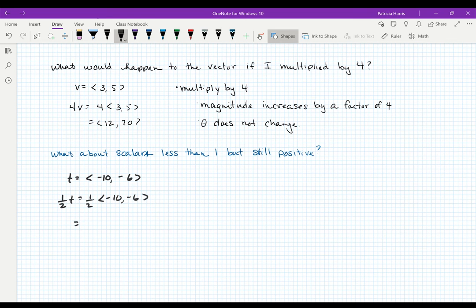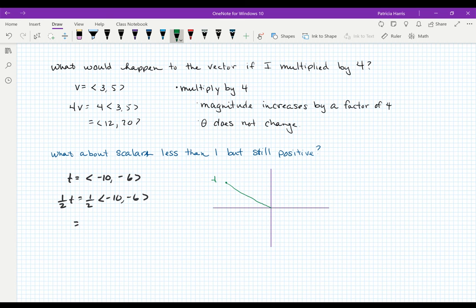Okay, well, let's draw it. So there's my original vector t.